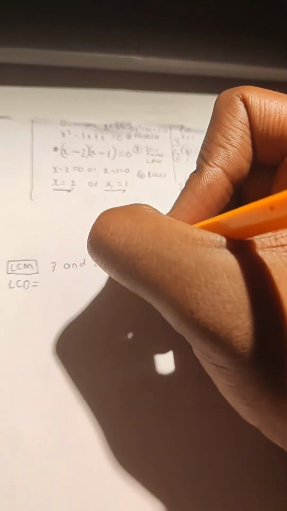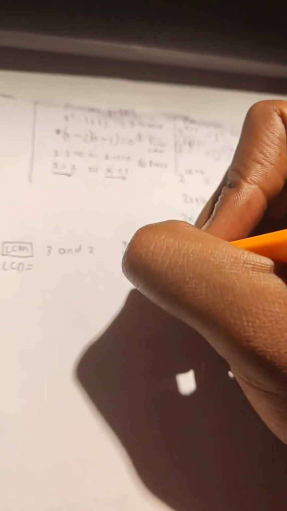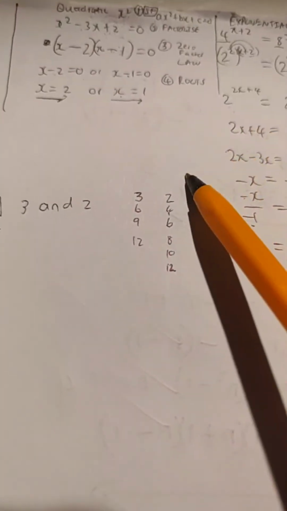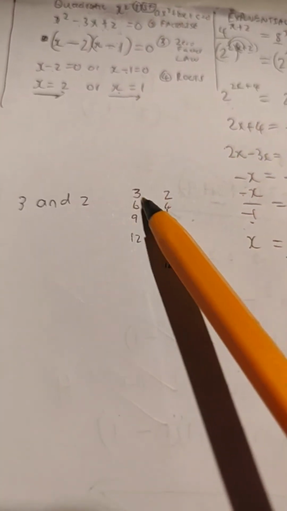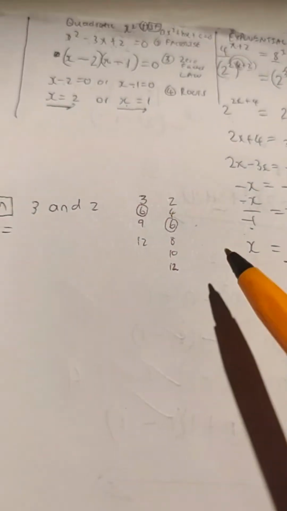So in other words, if you are counting in threes, your multiples of 3: 3, 6, 9. If you are counting in twos: 2, 4, 6. We could go on: 3, 6, 9, 12; 2, 4, 6, 8, 10, 12. Check this out. We are wanting to see which is the lowest number which is common for both the multiples of 3 and 2. Now, 6 is the lowest common multiple.